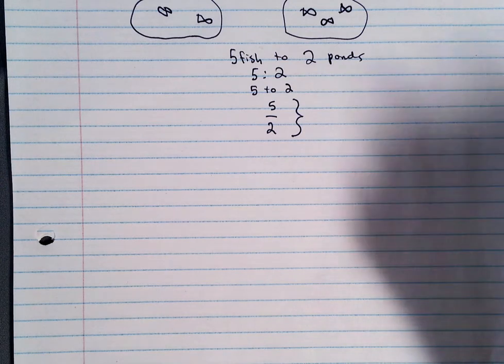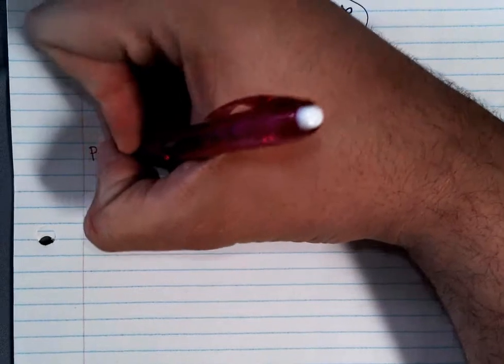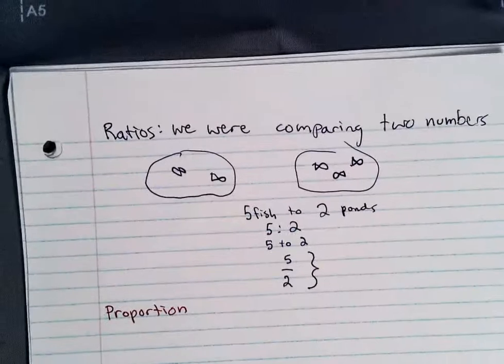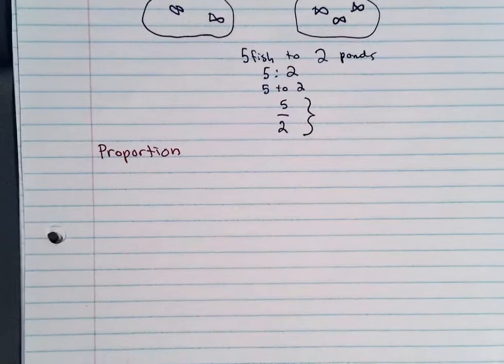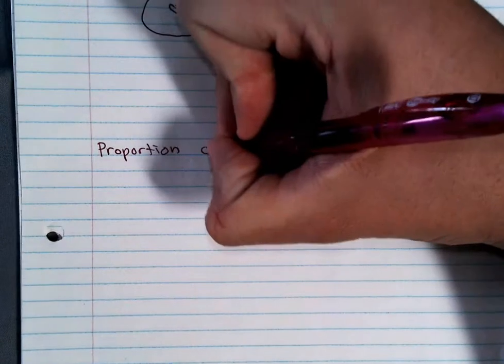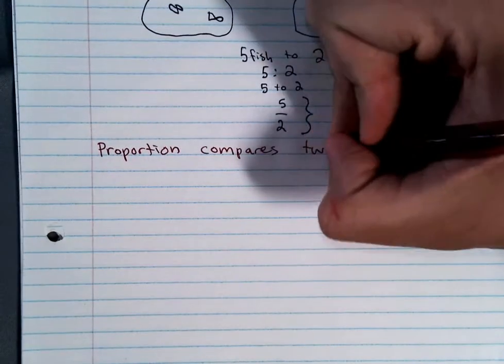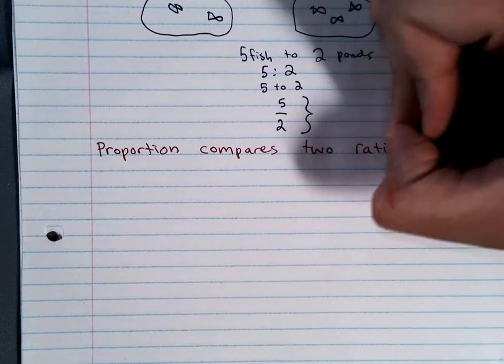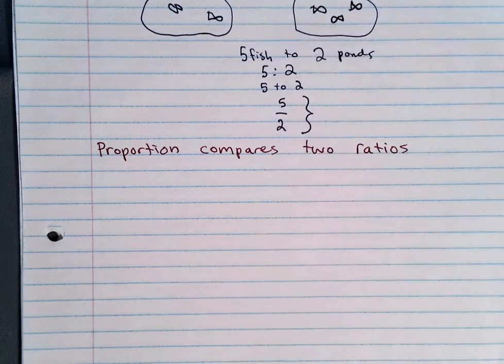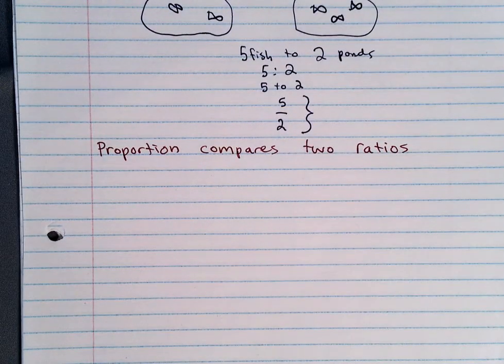If a ratio is comparing two numbers, a proportion compares two ratios. So what might that look like?